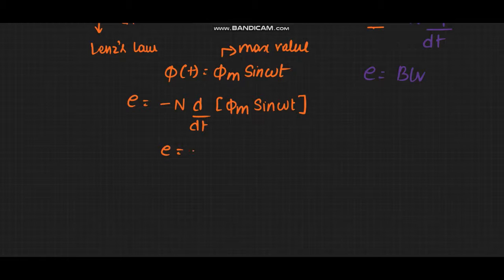Since phi m is constant, let's take it out. And if we differentiate sine omega t, it will be omega cos omega t.